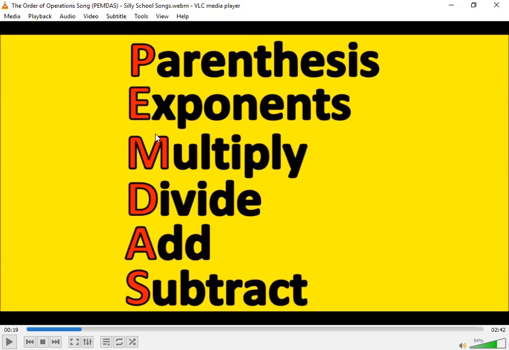Multiply and divide are one family: whichever comes first from your left to the right, we start with. Also add and subtract are one family: whichever comes first from your left to the right, we start with. So let's continue.